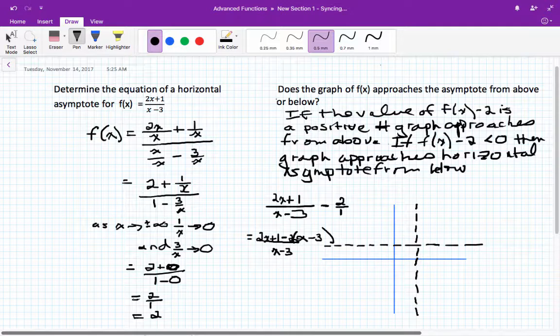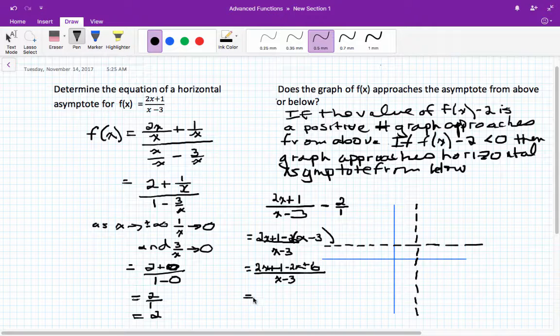When we expand this out, we're going to get 2x plus 1 minus 2x plus 6 over x minus 3. And that simplifies to 2x minus 2x. They cancel out. We get 7 over x minus 3.